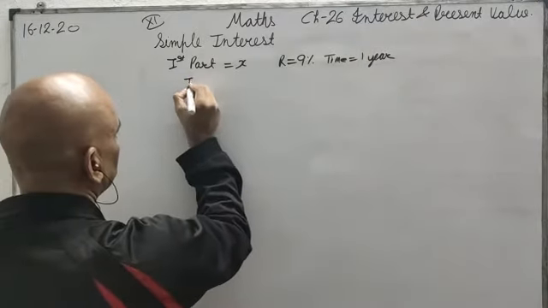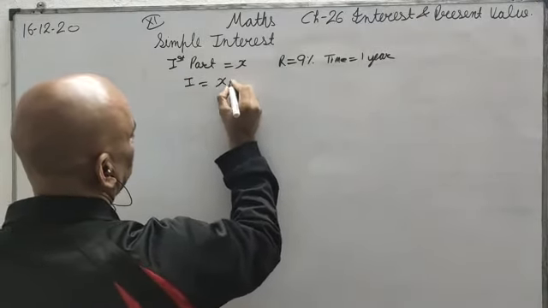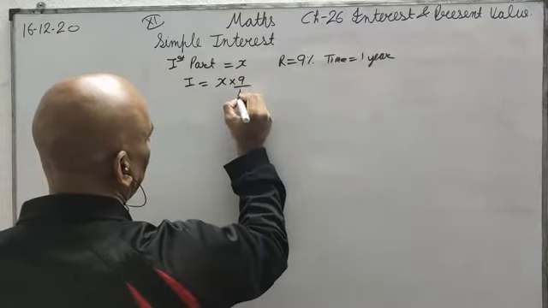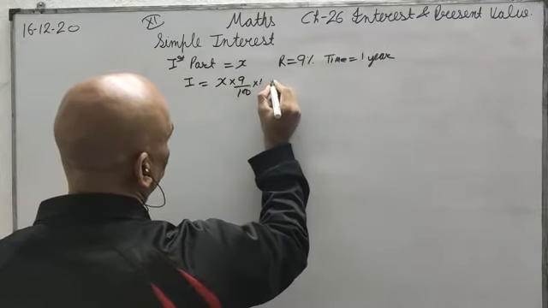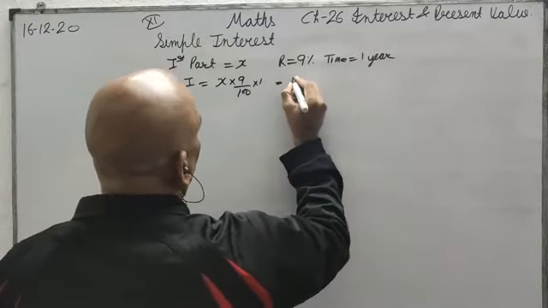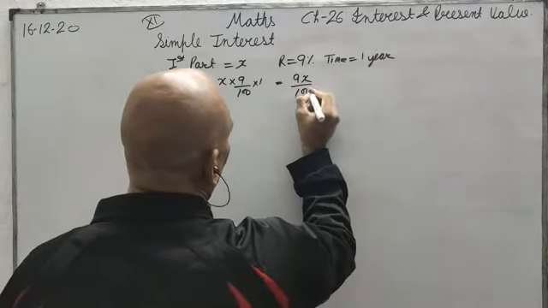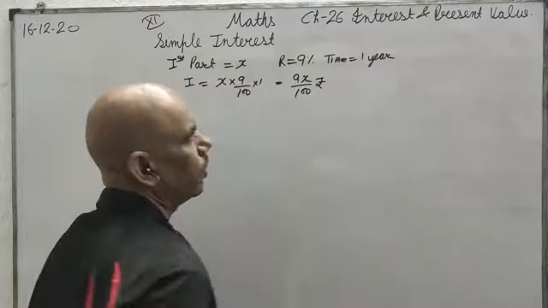So interest is equal to PRT, that is X into 9 by 100 into 1. So we got 9 by 100 X rupees. This is the interest for the first part.